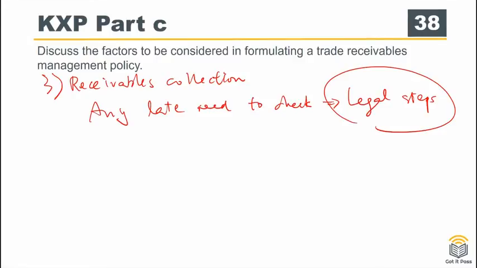But don't forget, when we work in the working capital management topic, other than profitability versus liquidity being one of the key concepts you have to remember, the other concept is benefits versus cost.